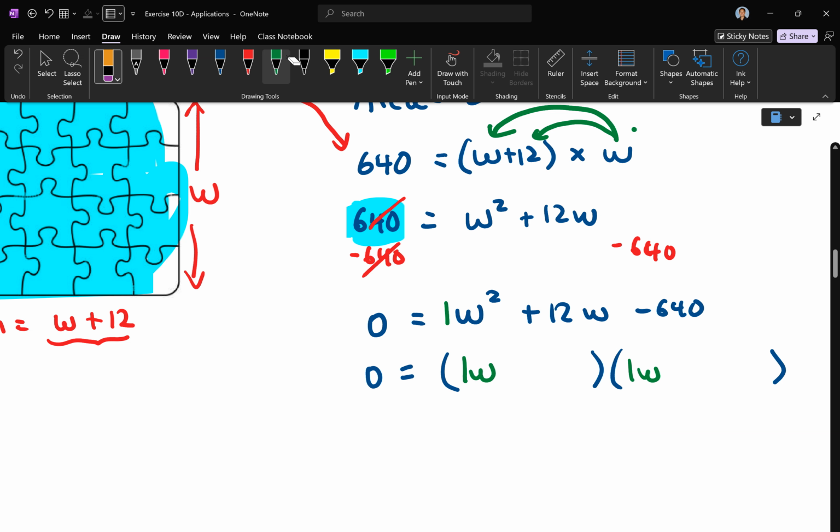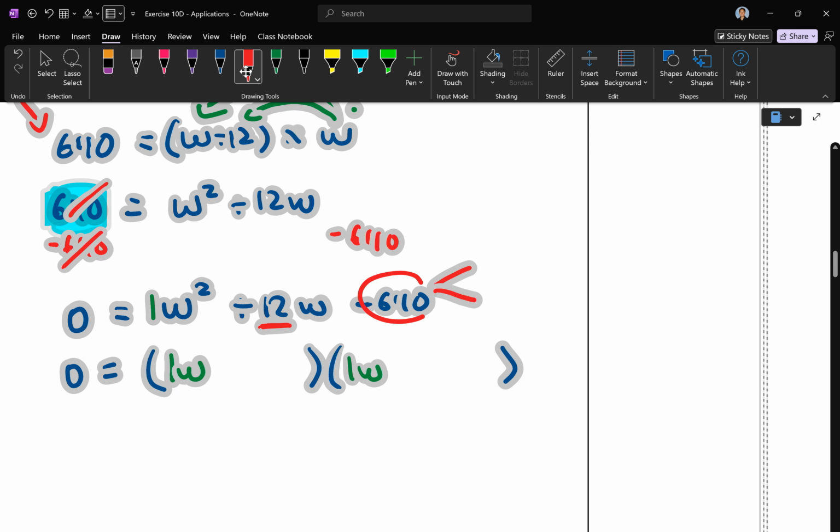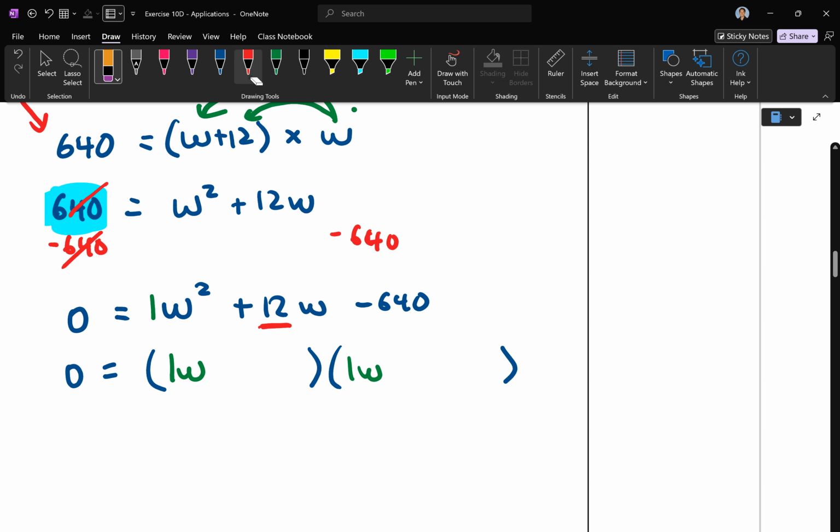Now to figure out the numbers, you just have to figure out factors of 640. Think of two numbers that multiply to give you 640, but if you add or subtract, give you 12. Two numbers that multiply to give you 640, but when you add or subtract, it gives you that 12. So let's brainstorm. I've got what? 64 times 10 is 640.